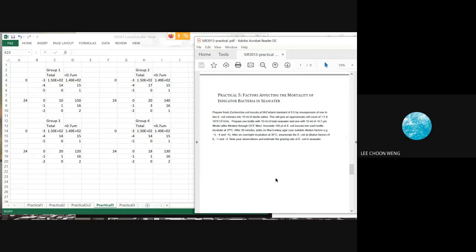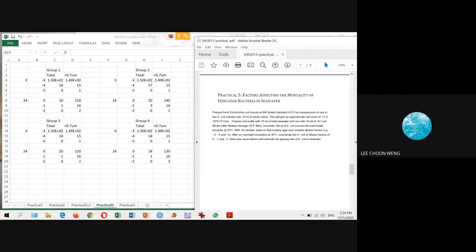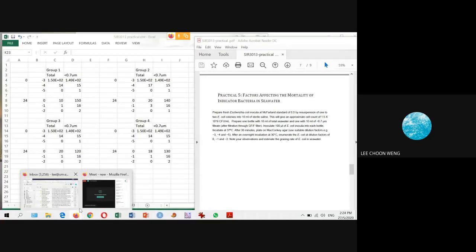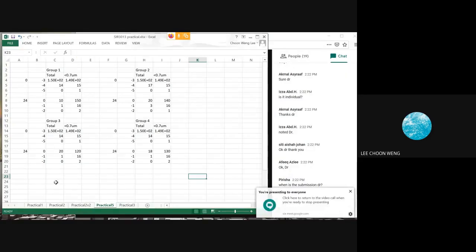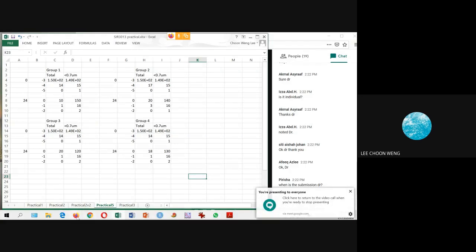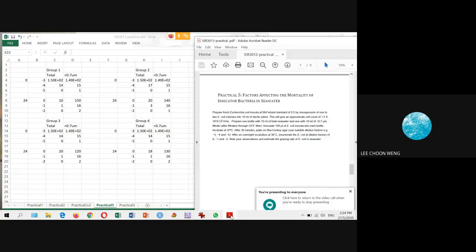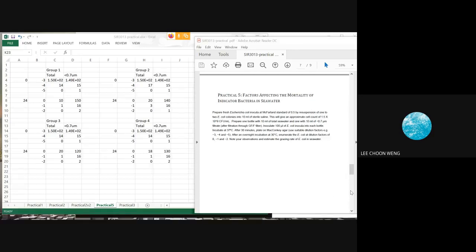Okay, so in environmental microbiology we use E. coli, Escherichia coli, a lot, because Escherichia coli is found to be a reliable indicator of fecal pollution in aquatic habitats.